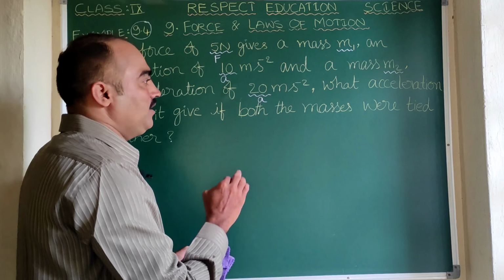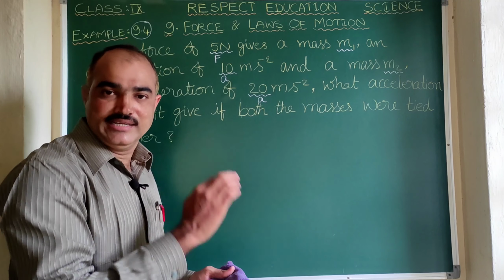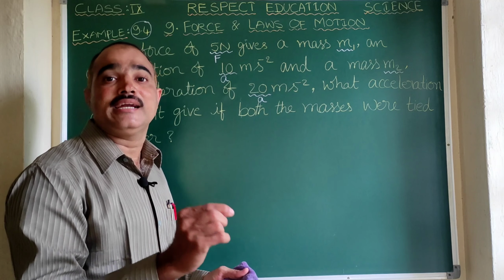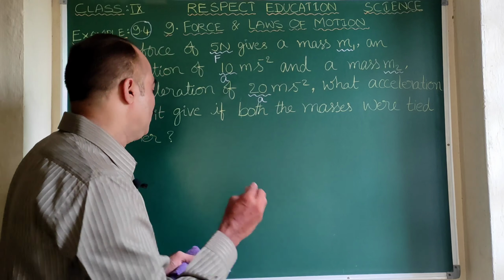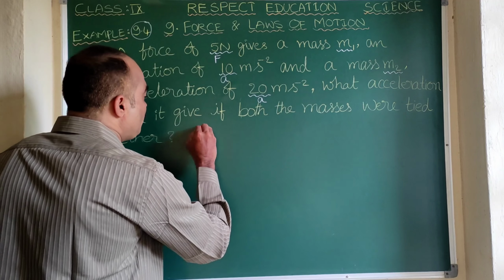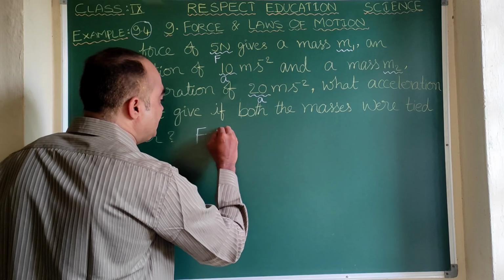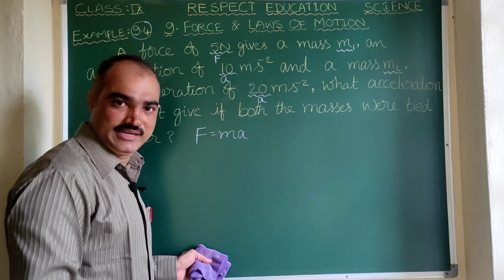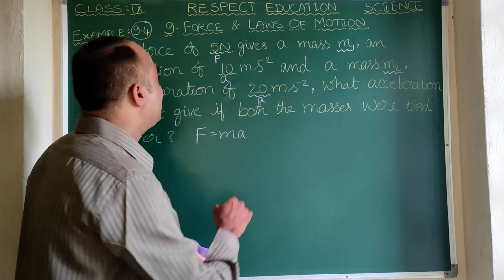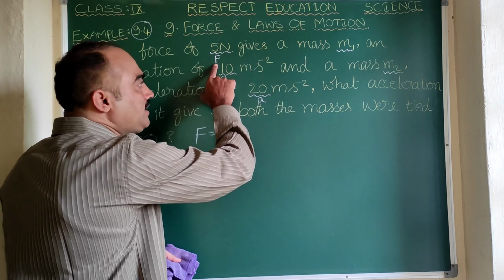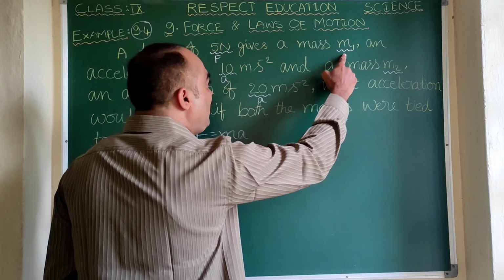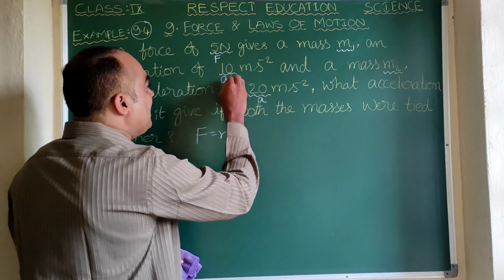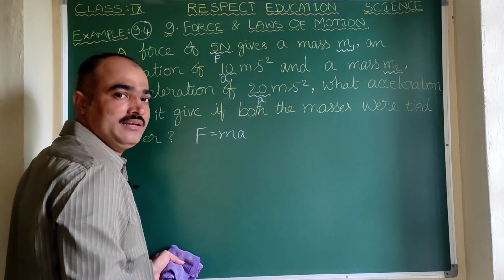Here, first of all, what we need to understand is this problem is based on Newton's second law of motion. The suitable formula is F is equal to m into a, mass into acceleration. Here F is given only one time. As it is m1, let us consider this as a1.